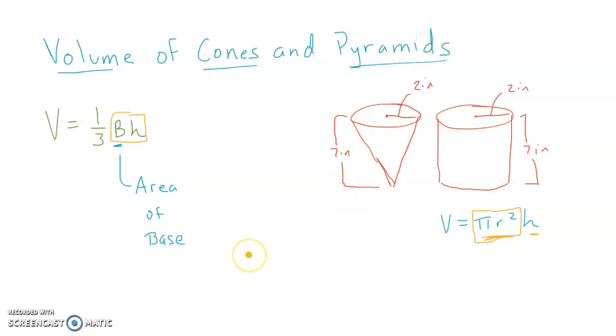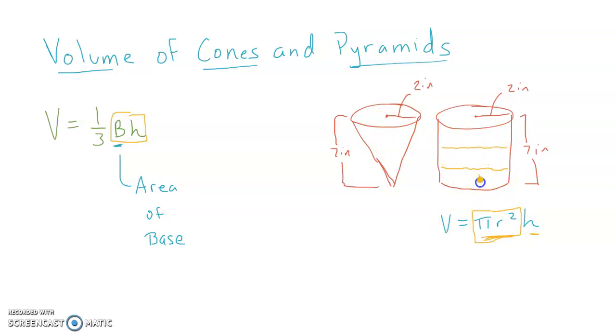If you have a cone and a cylinder with the same radius and the same height, and I wanted to fill this cylinder up with water, I would have to fill this cone up 3 times. If I filled this cone up 1 time and dumped it in here, I'd have about this much water in there. Then if I filled it up again and poured it into the cylinder, I'd have about that much water.